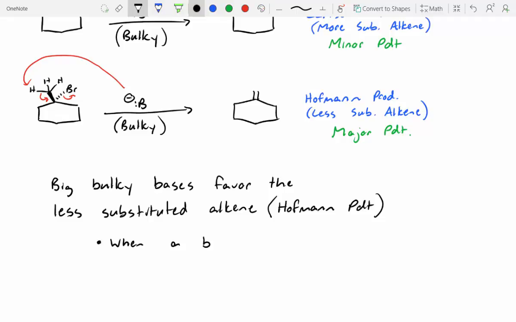when a big bulky base is used, the Hoffman product is the kinetic product.